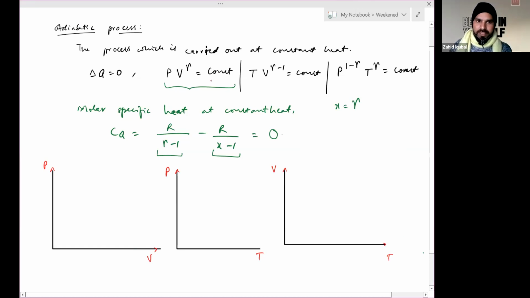So using the above relation, for first part, pressure and volume, the product of these 2 quantities is constant, so they must be inversely proportional to one another. So the graph will be like this.